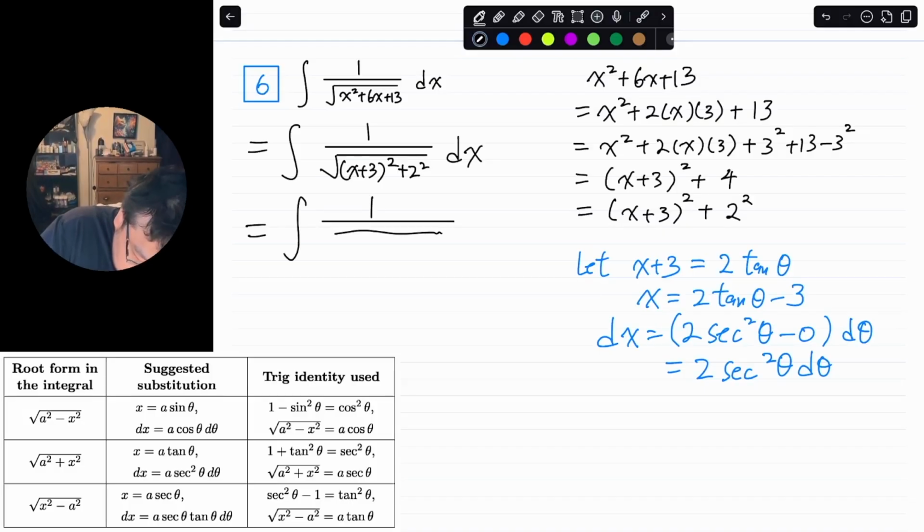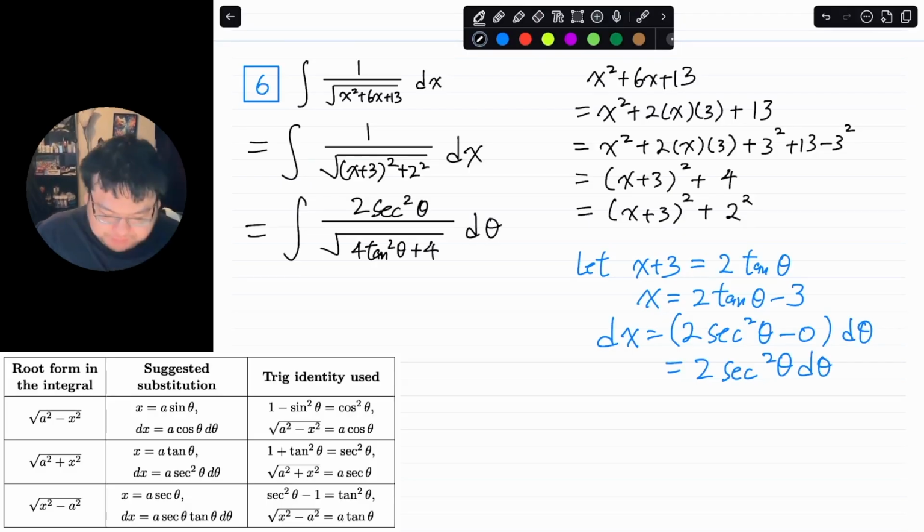We will have x plus 3 is 2 tangent theta, so we have 4 tangent square theta. 2 squared is 4, okay? And then what is dx? dx will be 2 secant square theta d theta here.